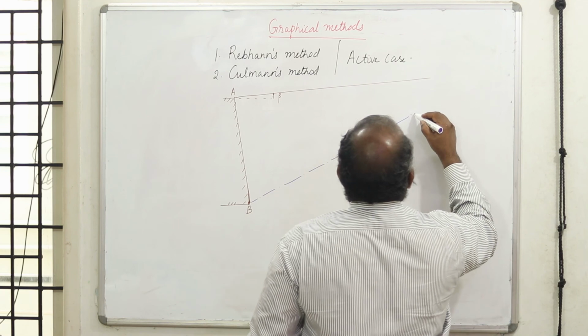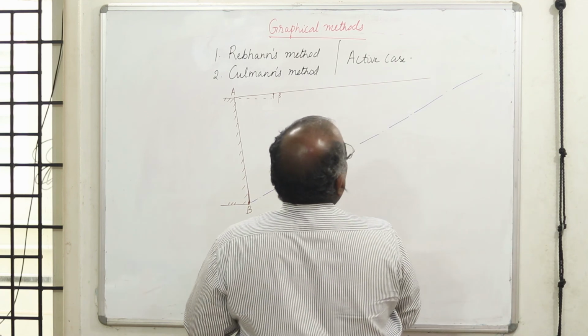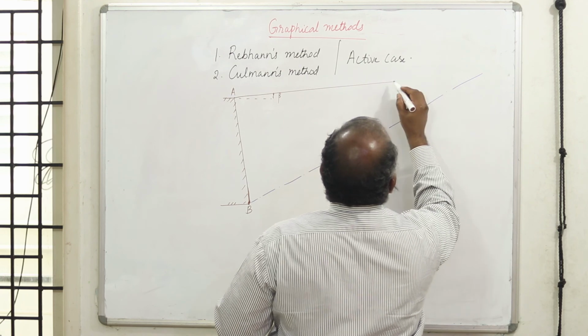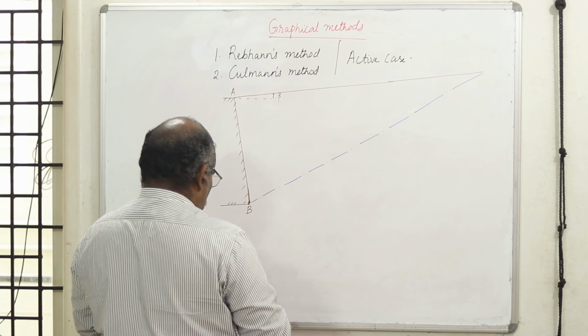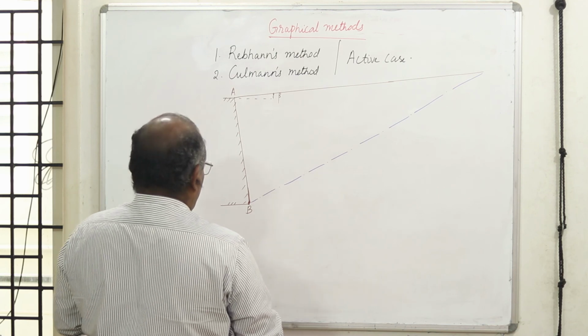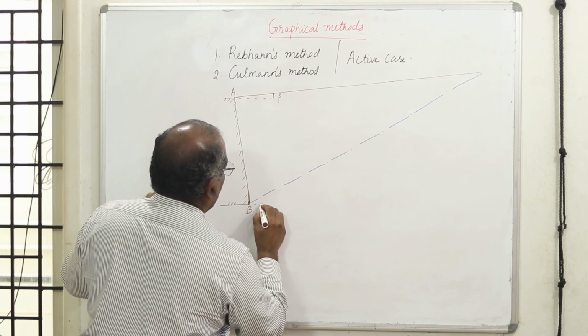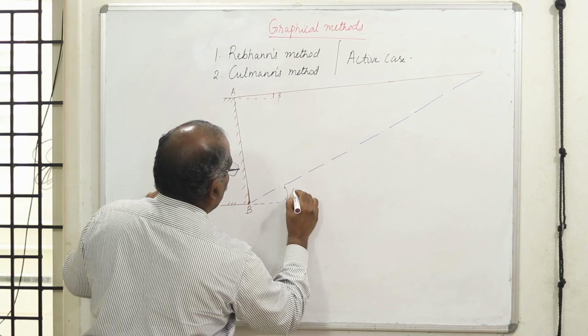If I draw too big, drawing a semicircle will be a problem, but it doesn't matter. Now, this angle is phi.